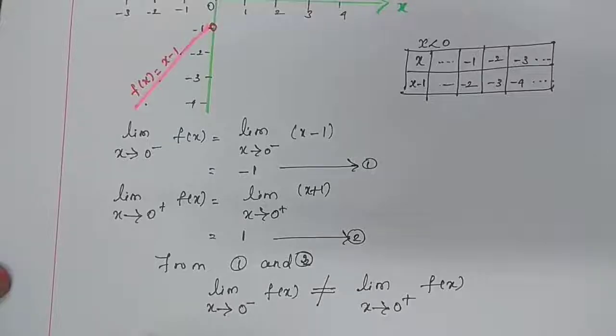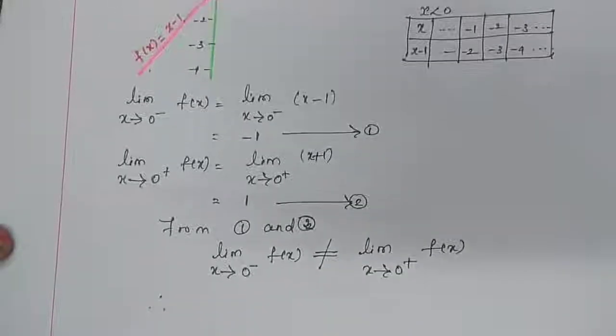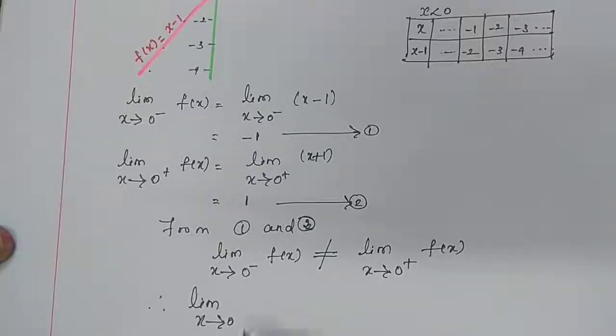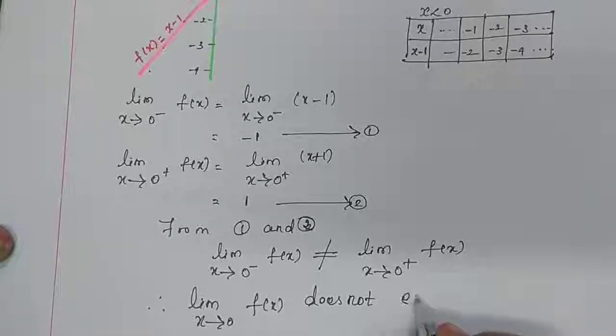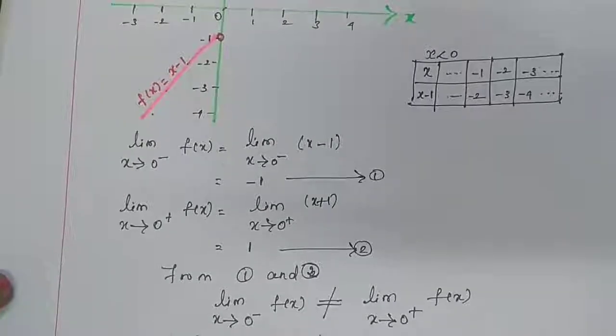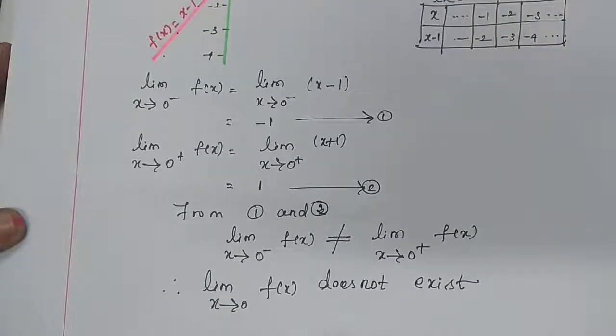Therefore, the limit as x tends to 0 of f of x does not exist. Therefore, example number 9.4 is over.